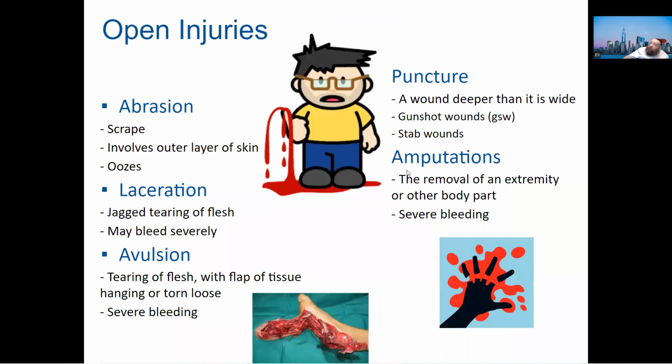All right, open injuries. These are obviously more fun and more that you can see and deal with. So lots of big medical words, and we got to learn them. First one is an abrasion. Abrasion means simply a scrape. Kid falls over in the yard, someone gets an injury, scrapes their knee, scrapes their arm.